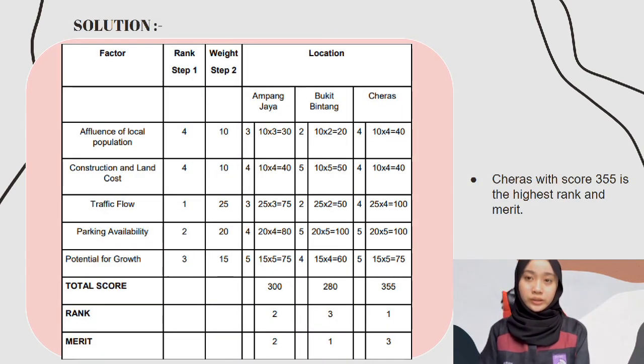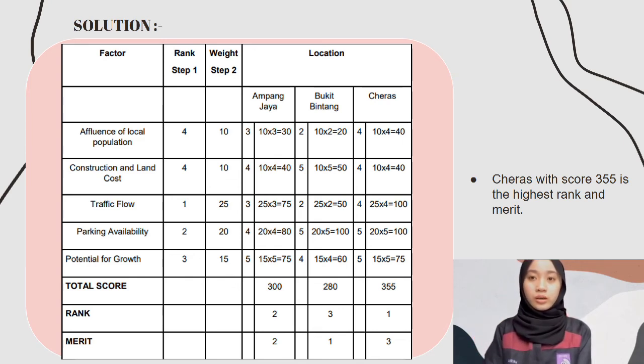Based on the question, we are already given the weight for each location and for each factor. So, we just need to give rank according to the weight. To give rank according to the weight, we must see the highest weight and then give the highest weight the highest rank. Based on the question, the highest weight is traffic flow, which is 25.